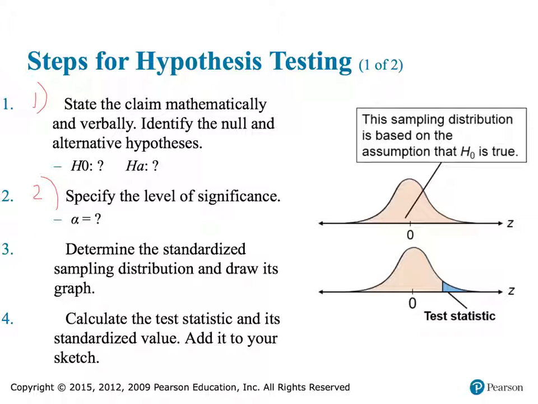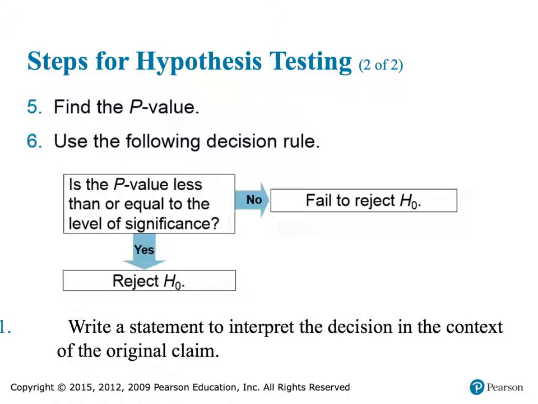Third, we'll determine a standardized test statistic or a standardized sampling distribution, whether it be Z or T. Fourth, we'll calculate a test statistic. Fifth, we'll find the p-value. And sixth, we'll make a decision.